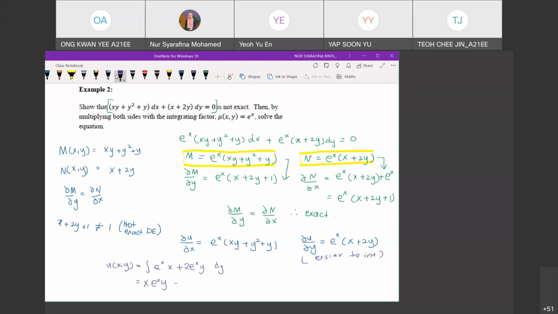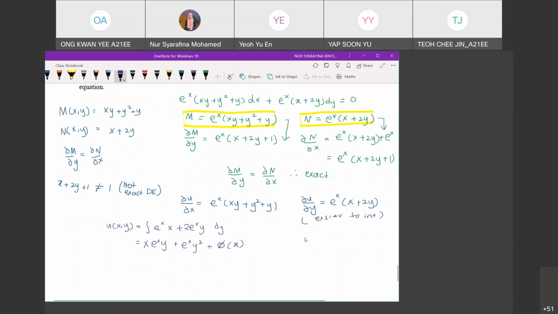And then this one becomes e^x y squared plus, with a function of x, sin x. Yes, right. And then differentiate with respect to x, because you want to compare with del u del x. So what is your del u del x from here?